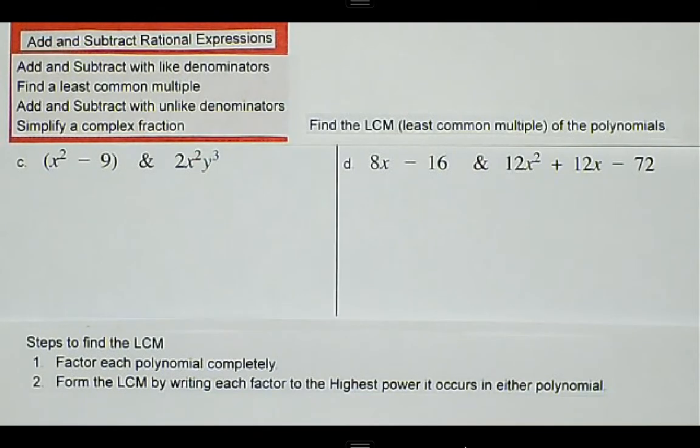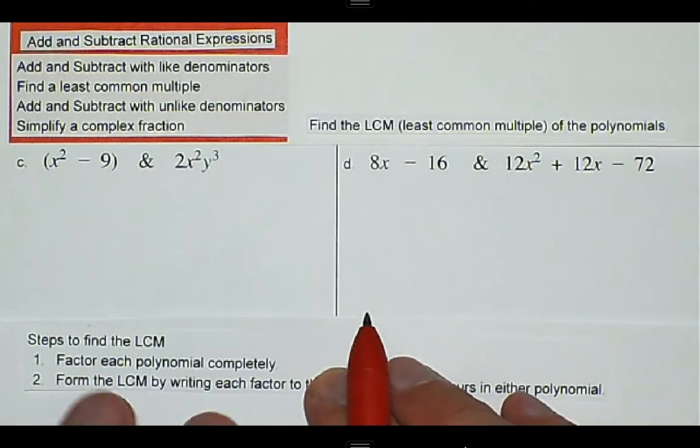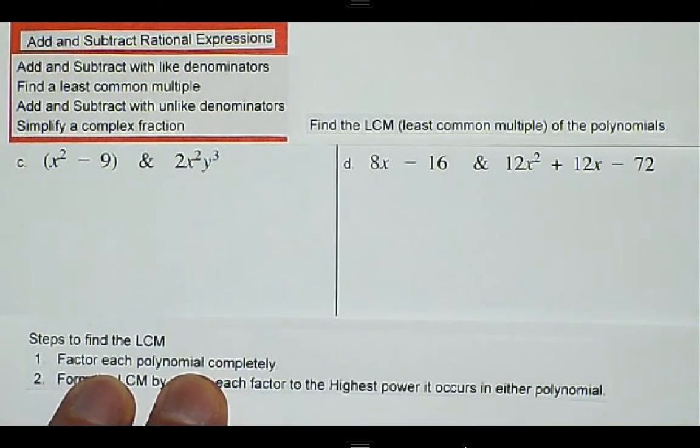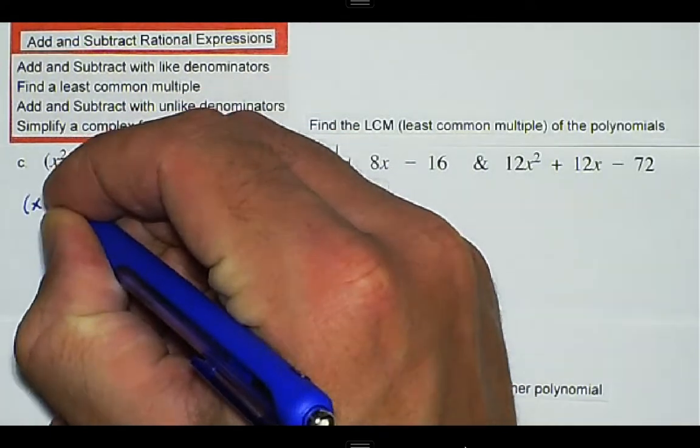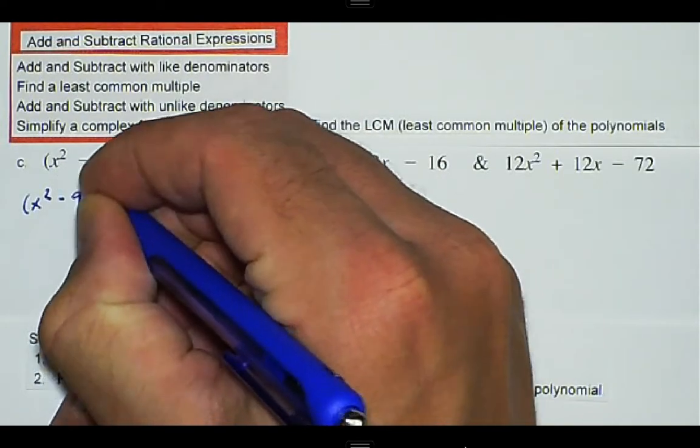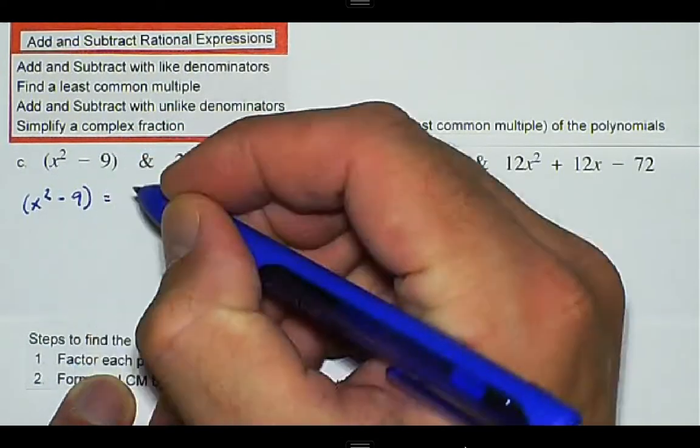So up here we have x squared minus 9, and then we have 2 times x squared times y cubed. So if we have x squared minus 9, that is a difference of squares.